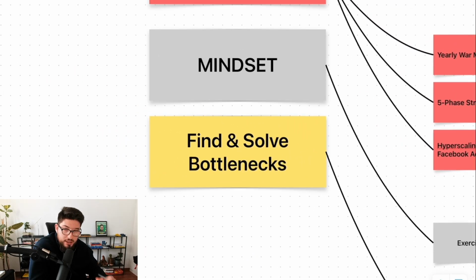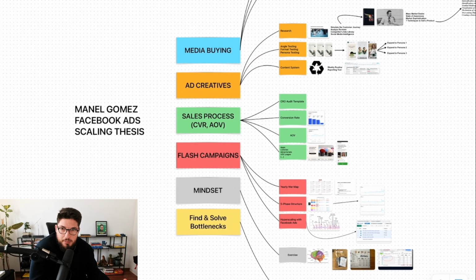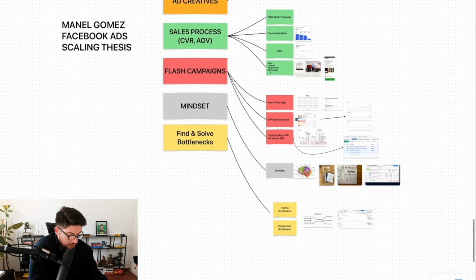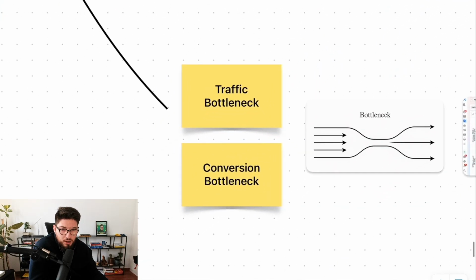And then the last one that most people seem to be ignoring, because everybody is concentrated on the next media buying hack, or just testing another ad creative, which is fine, but it's finding and solving bottlenecks. We have 2 types of bottlenecks, traffic bottlenecks and conversion bottlenecks, which basically means, as soon as you start increasing your budget, you're gonna find problems, and your cost per purchase is gonna go up 100%.